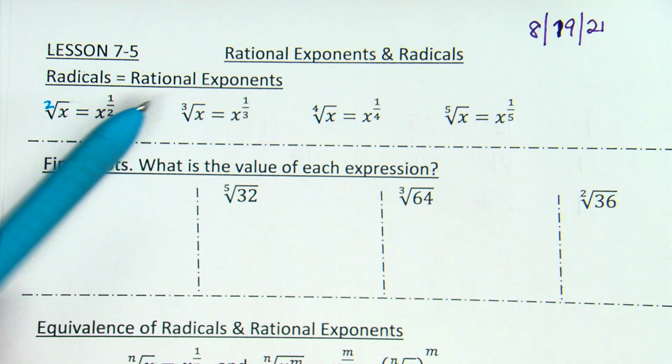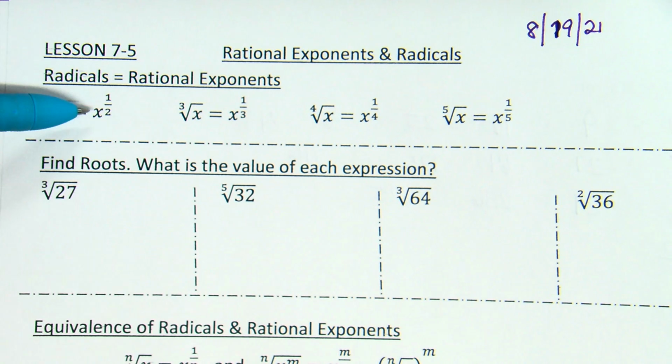Okay? If we're doing a cube root, there is a 3 there on the edge of the radical. If we're doing a 4th root, there's a 4, a 5 for a 5th root, so on and so forth, right? Well, one of the things we're going to work with is being able to go back and forth. The square root of x can also be written as x to the power of 1/2.